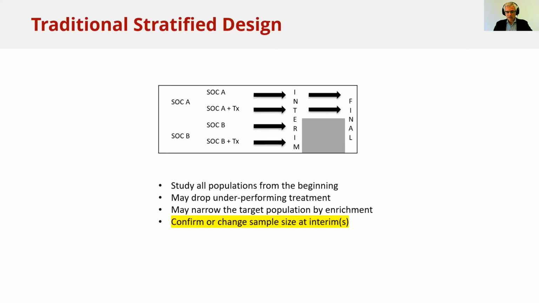We can drop the underperforming arms, and we might narrow the target population by enrichment. That is to say, we could include some of our other design features out of our toolbox for these studies. And we confirm or change the sample size at the interim, even for the 2 arms that are continuing on.